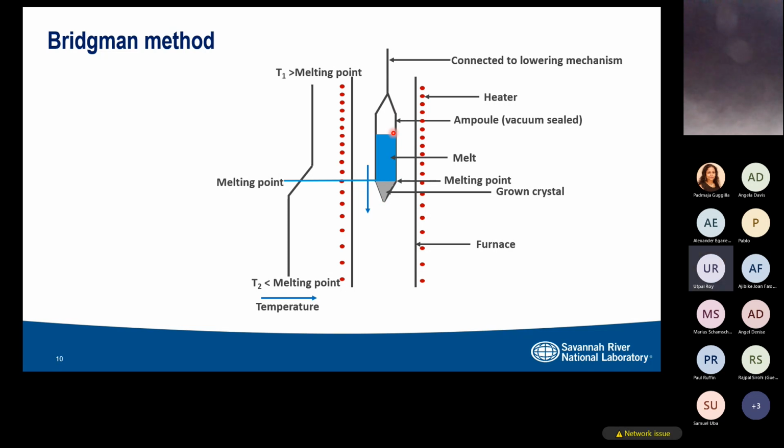And how to get rid of those evaporated cadmium? One is if we can put some container here and put some cadmium here, that means this cadmium will start evaporating, and that will compensate the evaporation from the melt.